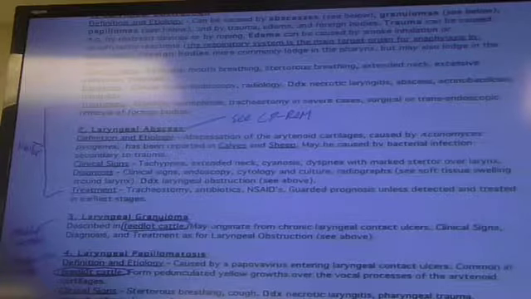But as far as what causes laryngeal obstruction, you see there we have listed abscesses, granulomas, and papillomas, described in a little more detail.